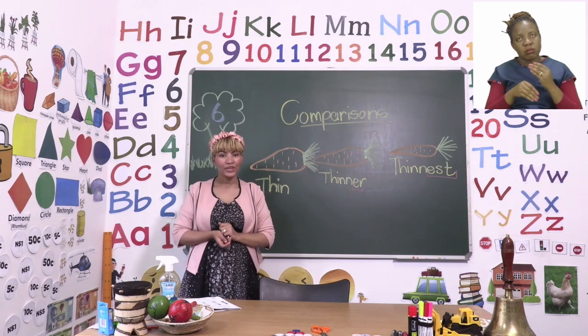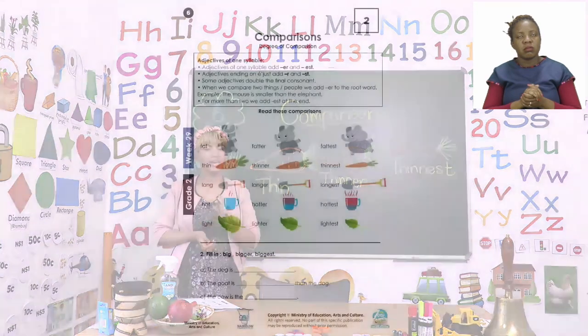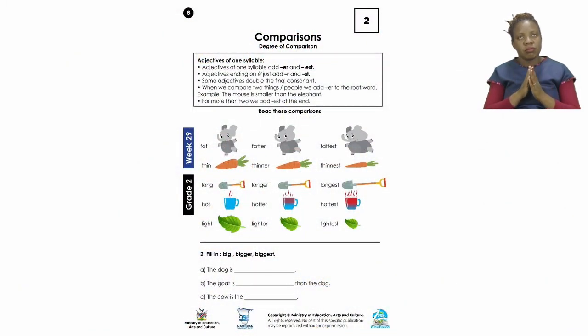Now everyone, I want us to quickly turn our booklets back to page 6 and have a look at all the other pictures. So here we have to compare fat, thin, long, hot, and light with each other. So you need to just read these comparisons out loud so that you can see what the other comparisons for each one of these words are.